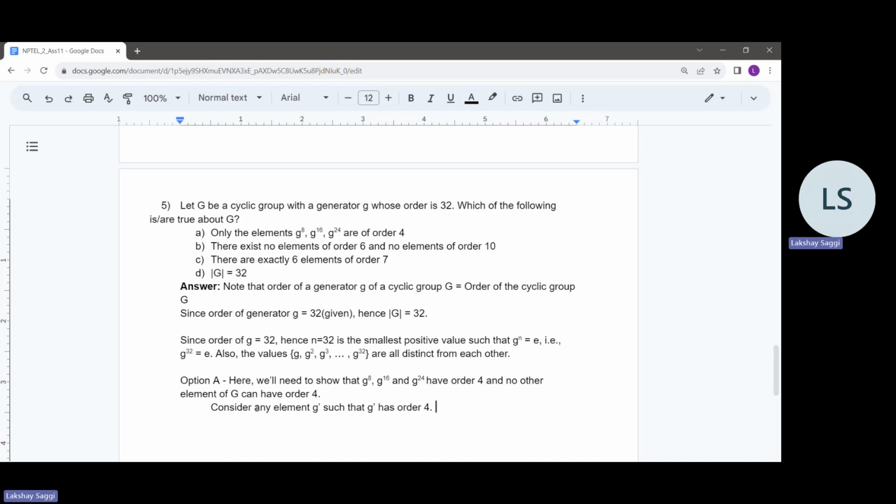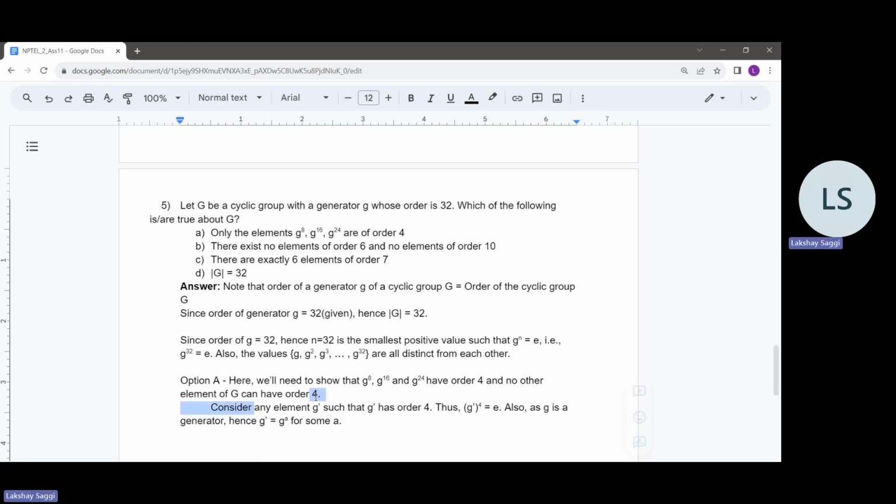This will mean that G prime raised to the power 4 is equal to E. Also, as G is a generator, G prime can be written as G raised to the power A, because a generator is something such that every element of the group can be written as some power of that generator for some A.